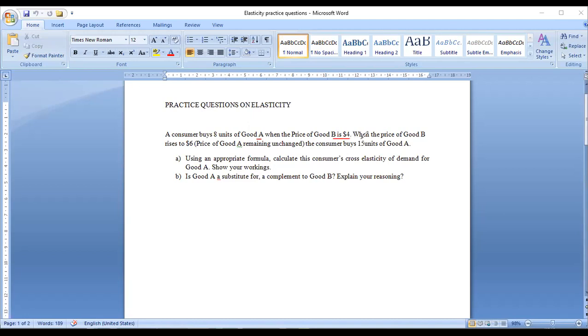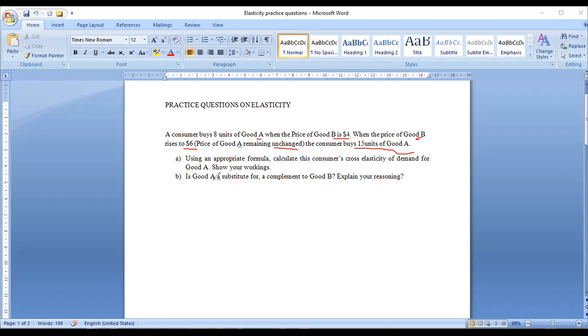When the price of good B rises to 6, with the price of good A remaining constant, the consumer buys 15 units of good A. Using an appropriate formula, calculate the consumer's cross elasticity of demand for good A. Show all your workings.